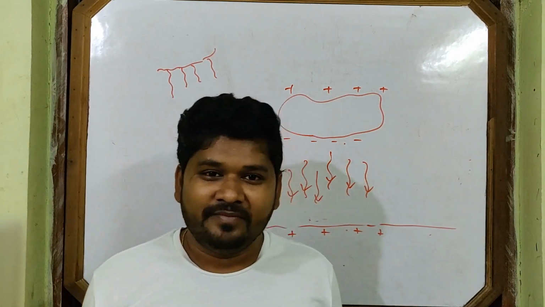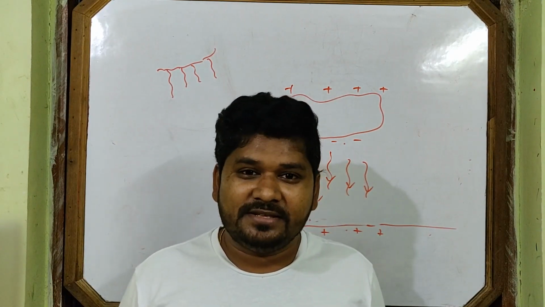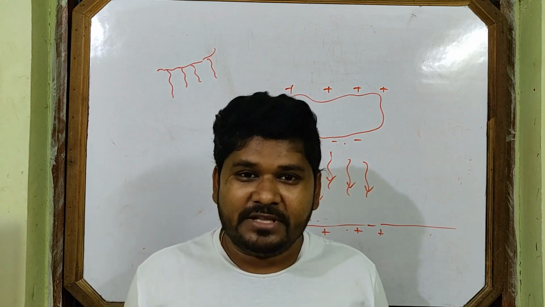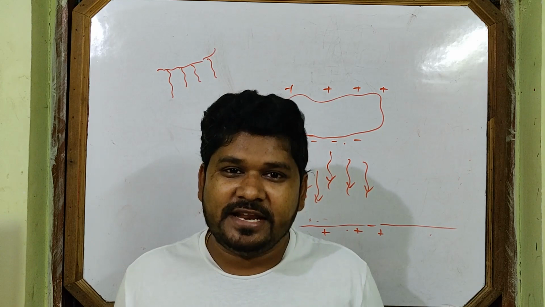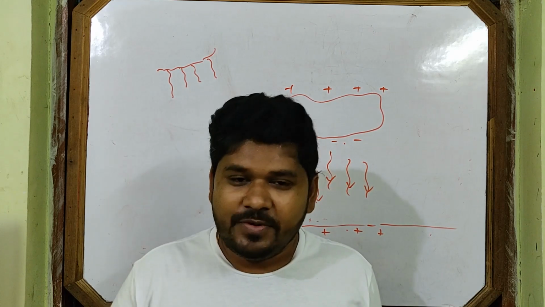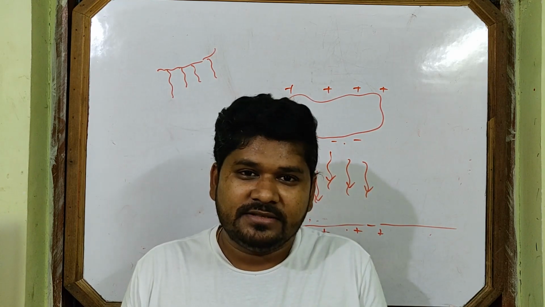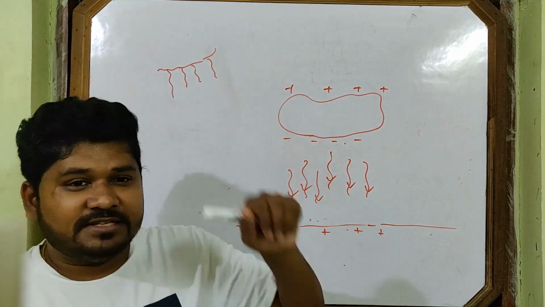Because there is no specific path. When there is no specific path for current, it can go in any direction. Where the potential difference is a little less, it goes. As you have given no specific path, it will go randomly like this.